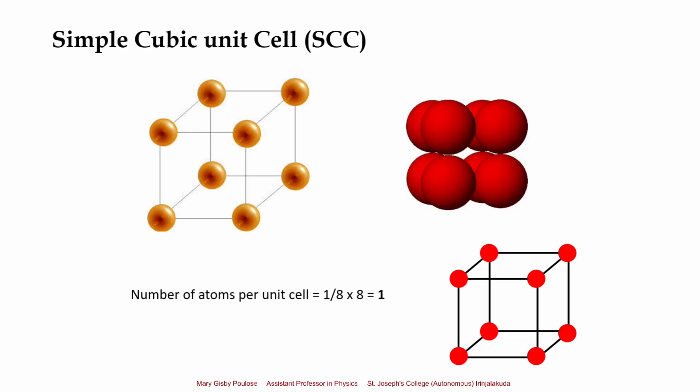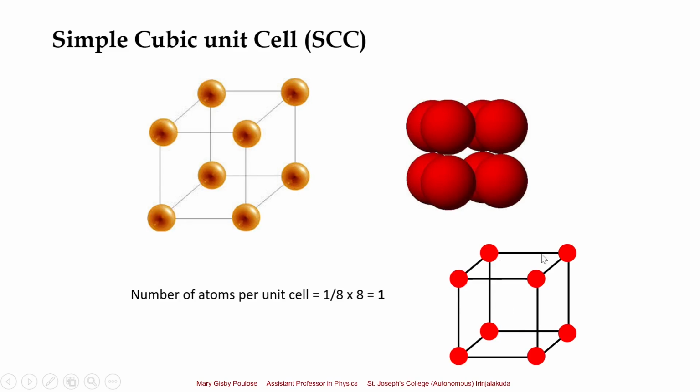Now, the total number of atoms per unit cell is given as such. That is, each of the atoms placed at the corner will be shared with 8 different unit cells neighboring it. Hence, if we take this particular unit cell, only 1/8 of it is contributing to this unit cell.